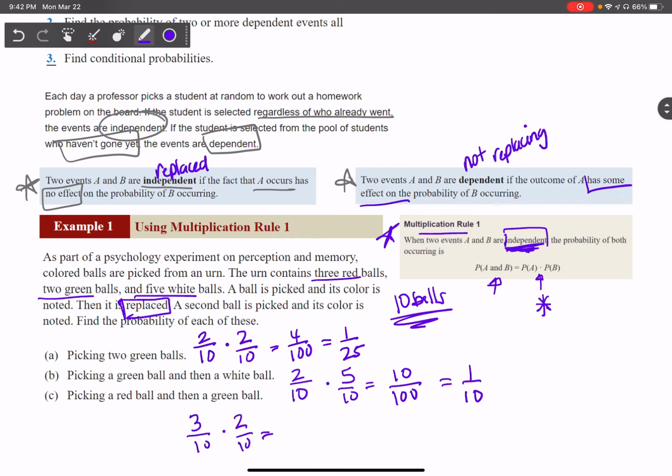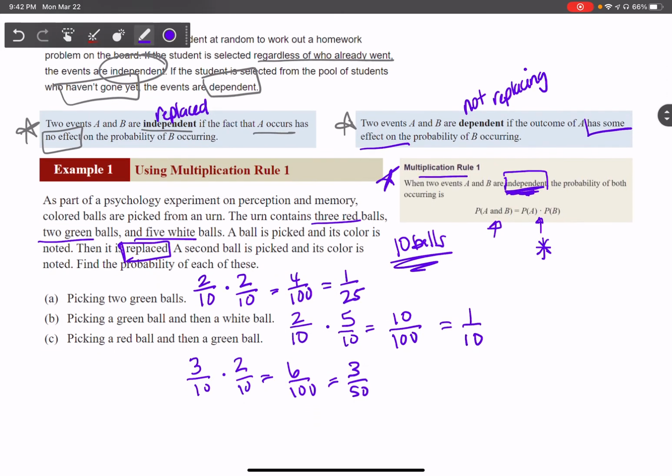So I have 6 out of 100, which reduces down to 3/50. Okay, so that's multiplication rule number 1. When the events are independent, meaning that the item is being replaced, it has no effect on the probability of B because everything's back in there. It's not changing anything. We just multiply them all out.